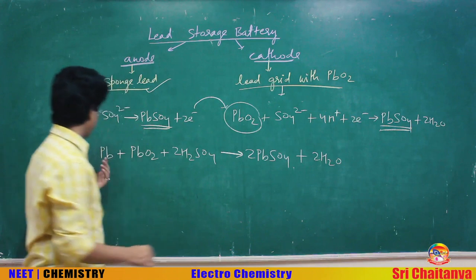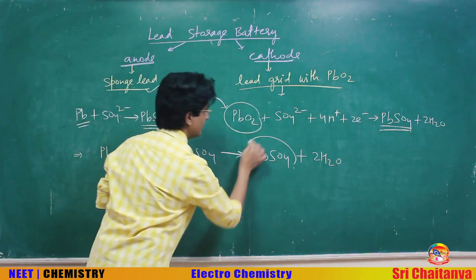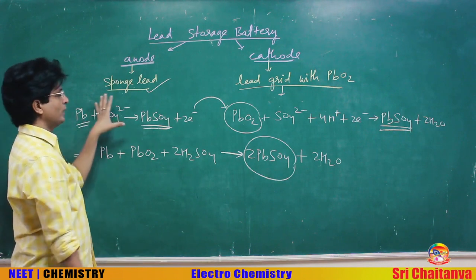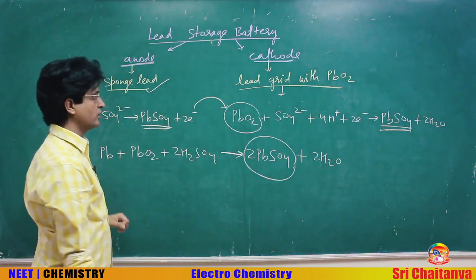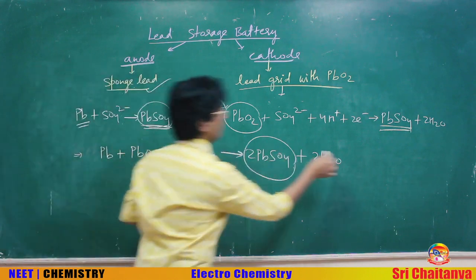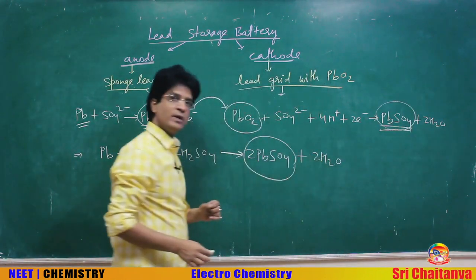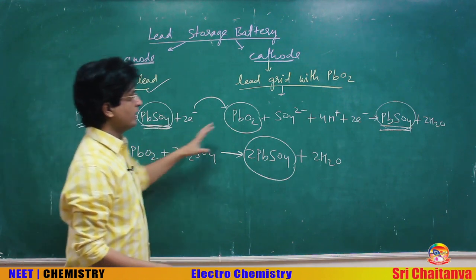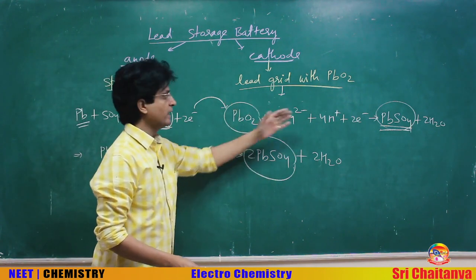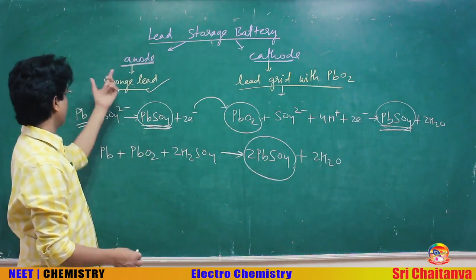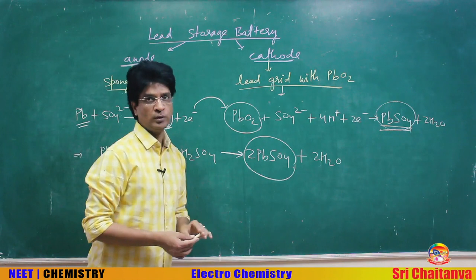So net reaction is that we are having lead sulfate. Remember that when the battery is discharging or supplying current, lead sulfate is formed both at anode as well as cathode. Remember that. Okay, and when you are charging the battery, the reverse reaction will take place. Lead sulfate will become Pb at anode and PbO2 at cathode.